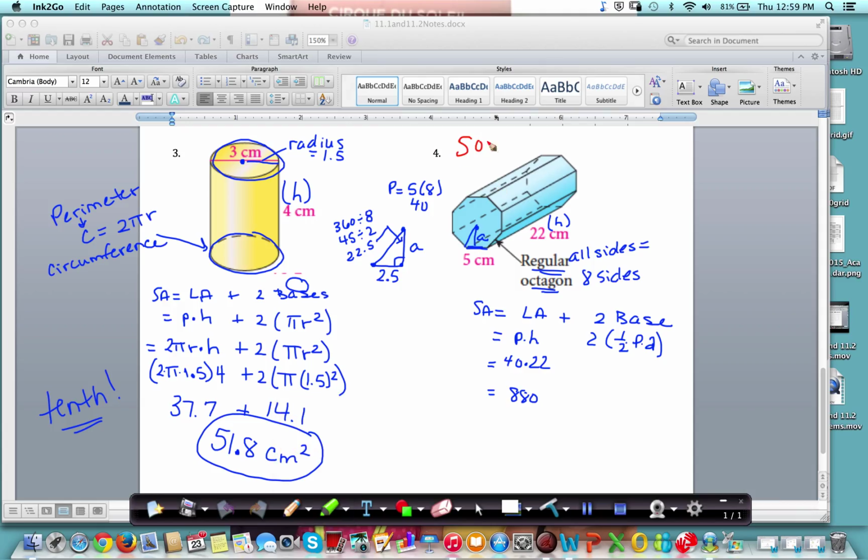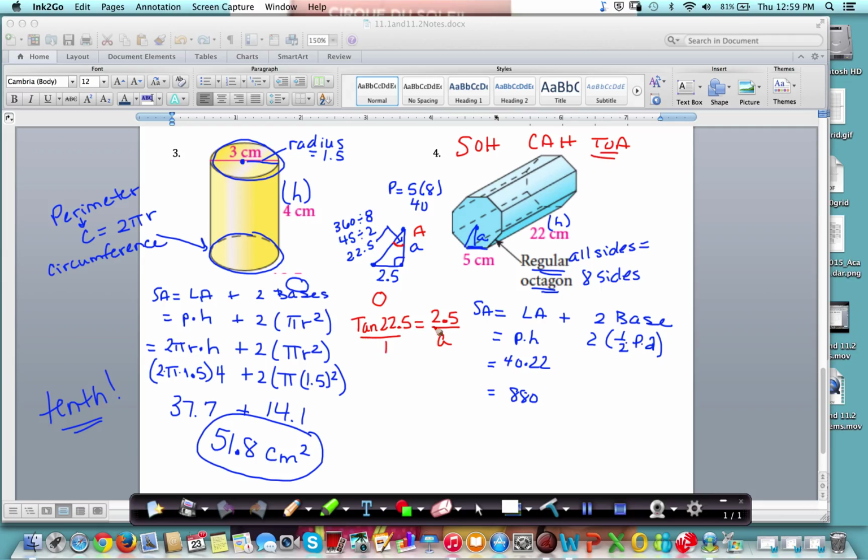So, TOA. I have opposite, and if that's my angle, I have the adjacent side, which means I'm going to be using the tangent. So I'm going to say the tangent of my 22.5 degree angle is equal to the opposite 2.5 over the adjacent A, which I'm looking for. And now I'm going to cross multiply.